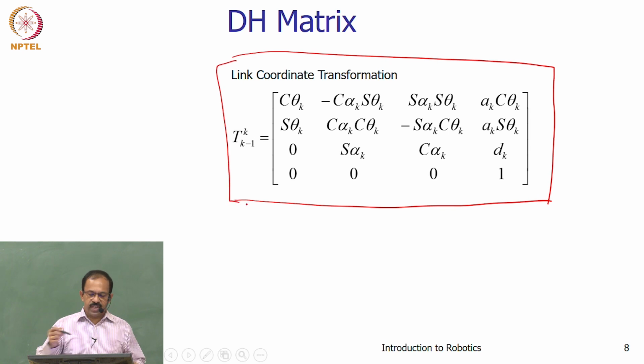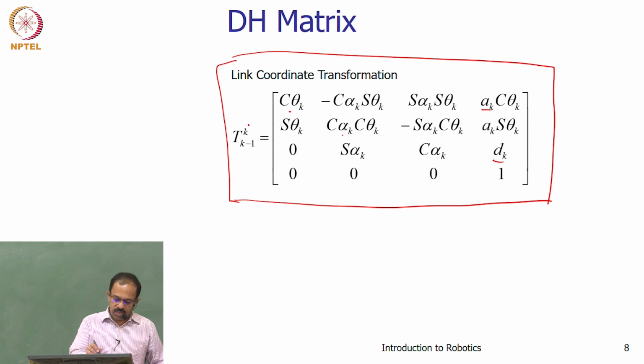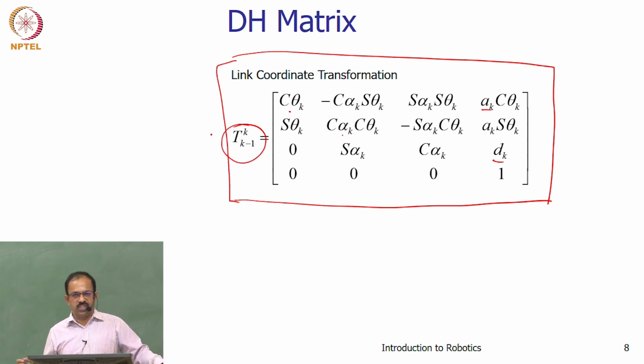This is the final DH matrix which relates adjacent coordinate frames with all the parameters theta, alpha, a and d. It is a function of theta, a, alpha and d, and k to k-1 is obtained by this relationship.